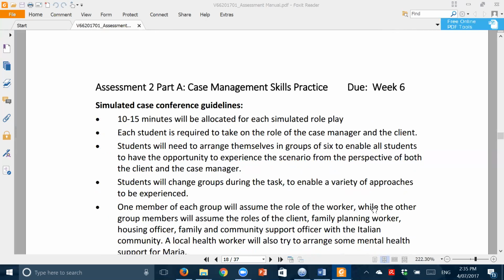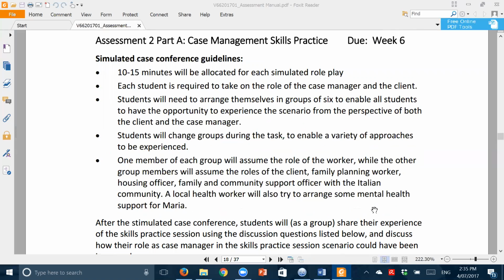One member of the group will assume the role of the worker, while other group members will assume roles of the client, family planning worker, housing officer, family and community support officer with the Italian community. A local health worker will also try to arrange some mental health support for Maria.